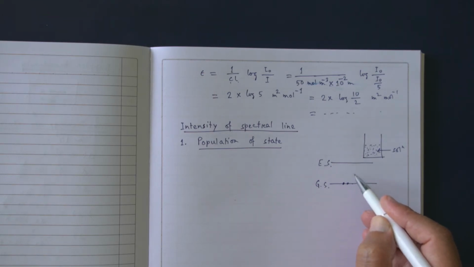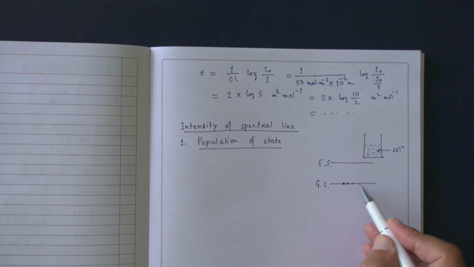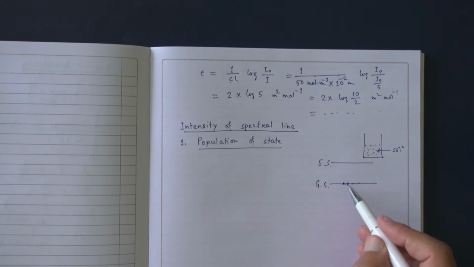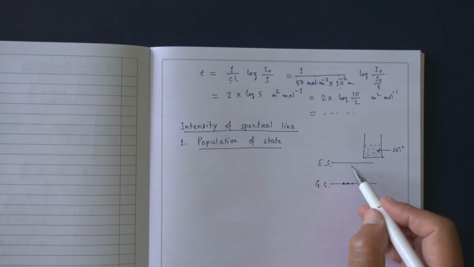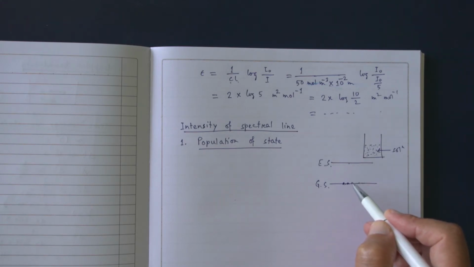Three molecules, three photons may be absorbed. So if there are more molecules, more absorption will take place. Okay? If there are more molecules in the ground state, more absorption of photons will take place.